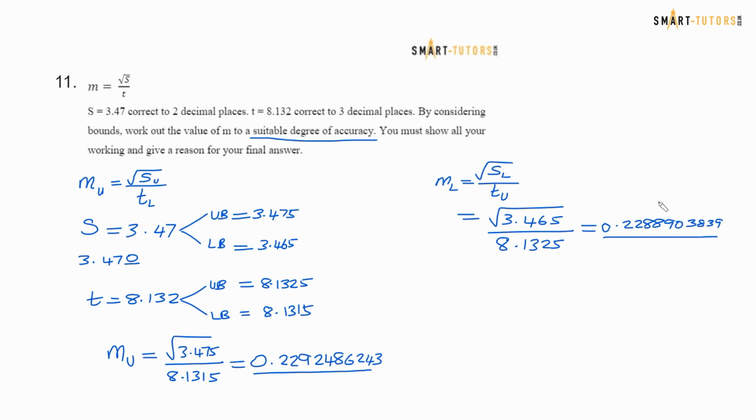Now the answer for the m to a suitable degree of accuracy. So what we are going to do is, let's say if I approximate to one decimal place, the m upper bound is going to be 0.2 and m lower bound is going to be 0.2.